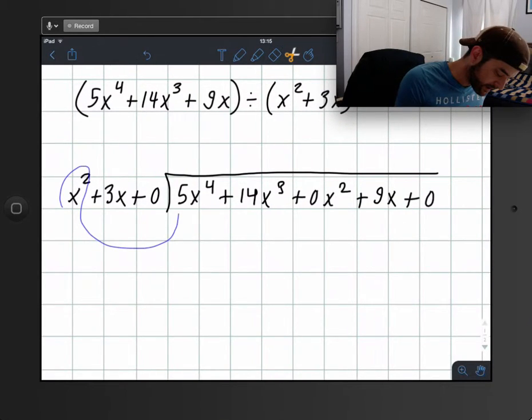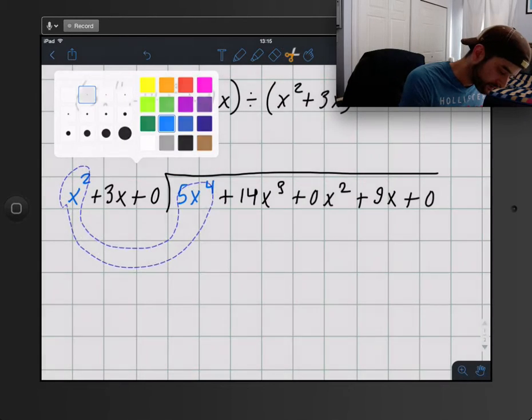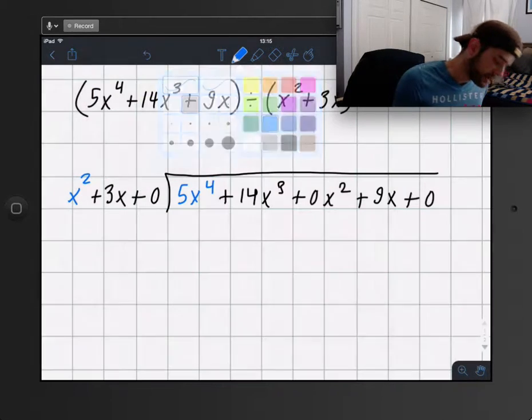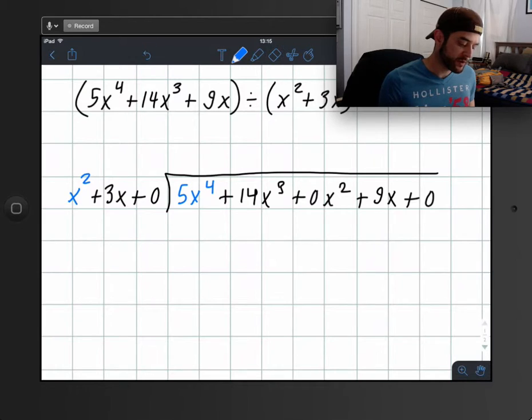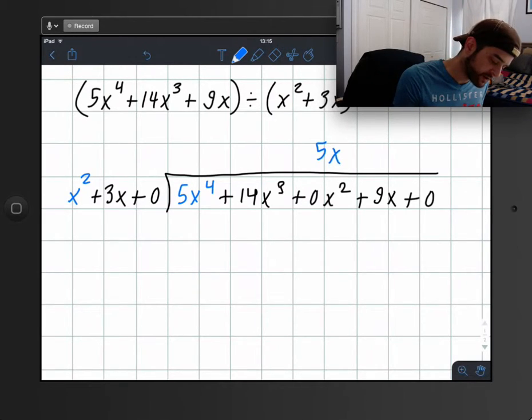So I have to look at x squared and 5x to the fourth, and I have to multiply x squared by 5x squared to make it equal to 5x to the fourth. So 5x squared, distribute that over our divisor, we get 5x to the fourth plus 15x cubed plus 0x squared.